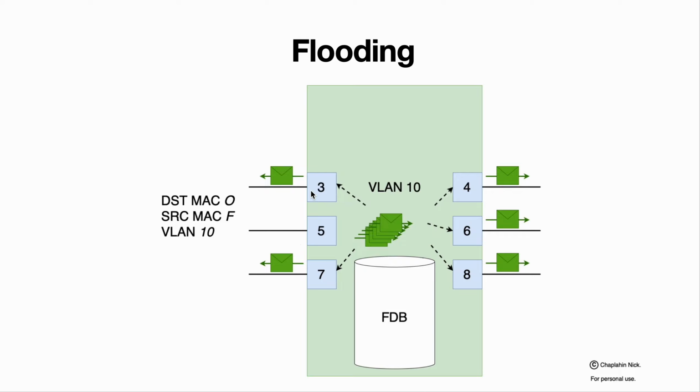So flooding is when we don't have an entry in the FDB for a specific MAC plus VLAN, so we send a packet from all ports in this VLAN except the ingress port.